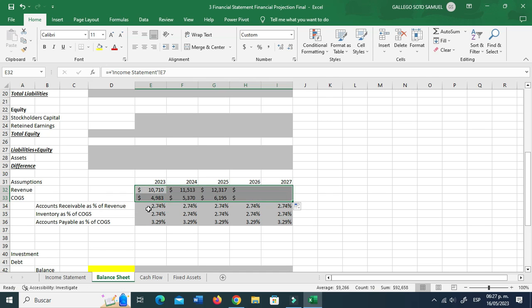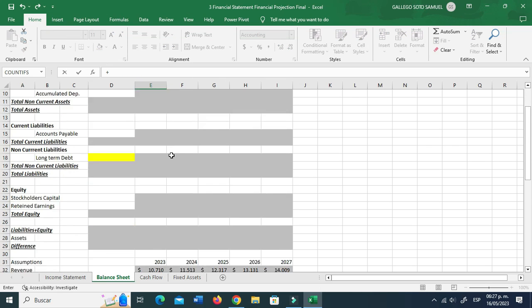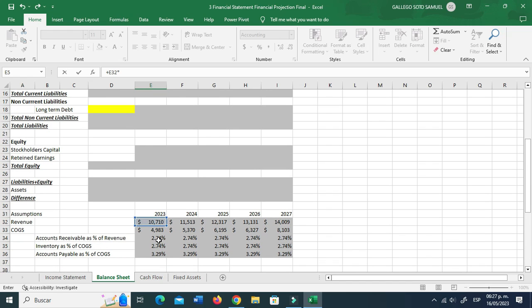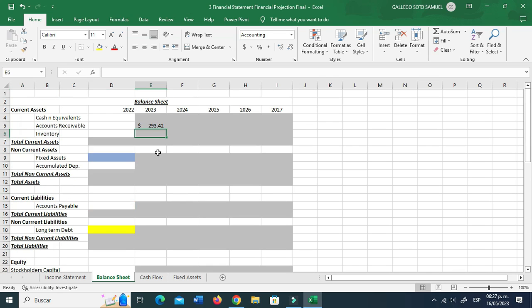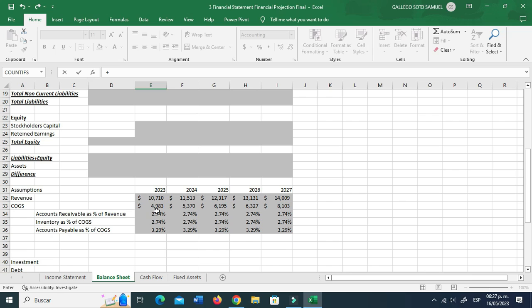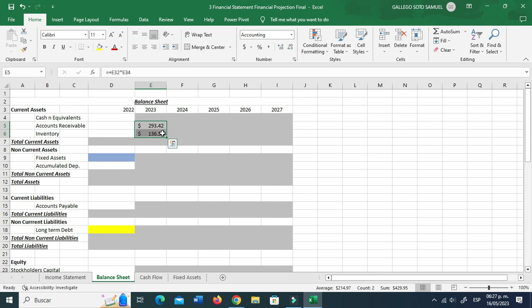Okay, and we select that to the very end, and let's fire. Okay, so this in terms of revenue, so this multiplied by the accounts receivable, then that one, which is the inventory, in terms of cost of goods sold times our indicator, and we drag this to the very end, and then the current assets.